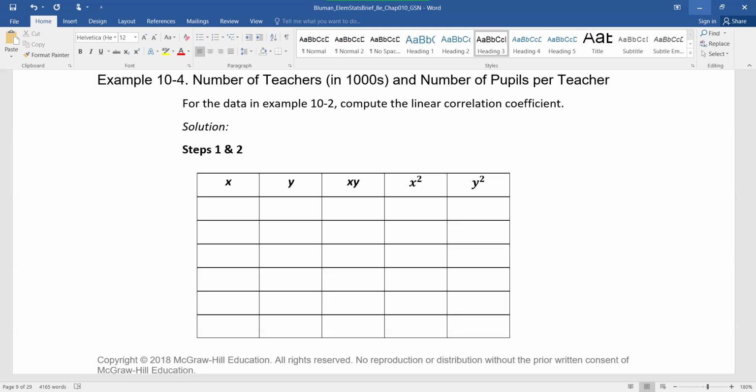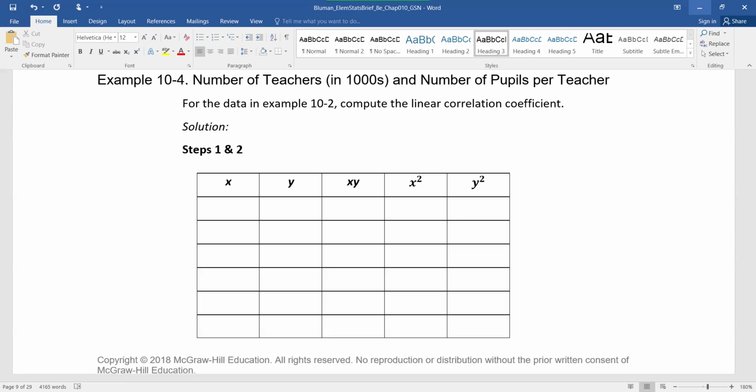So here we go: 7, 34, 9, 8, 16, 15, 6, 14, 32, 10. Example 10.2 on page 5. I think it's on page 5 for y'all.